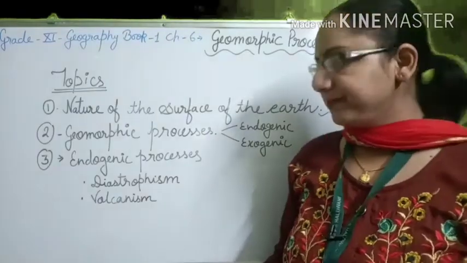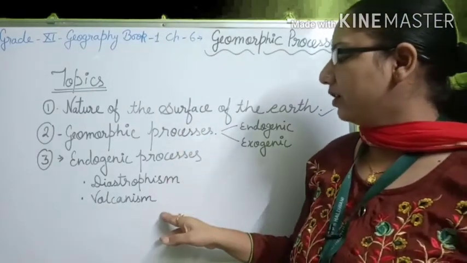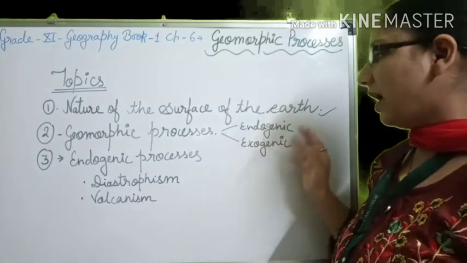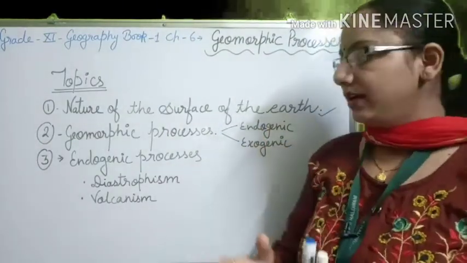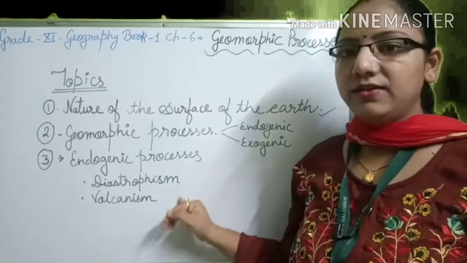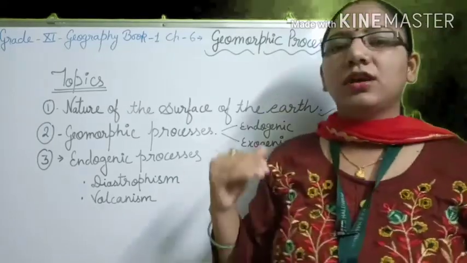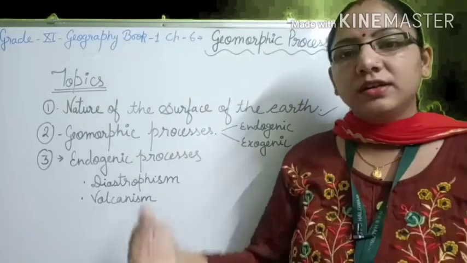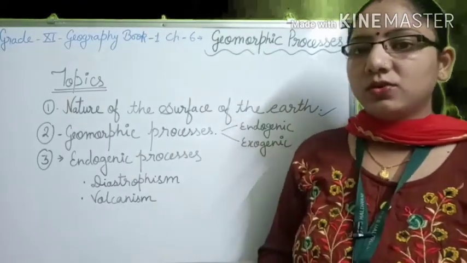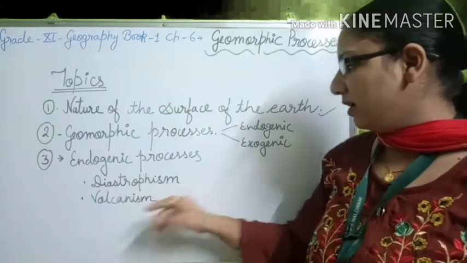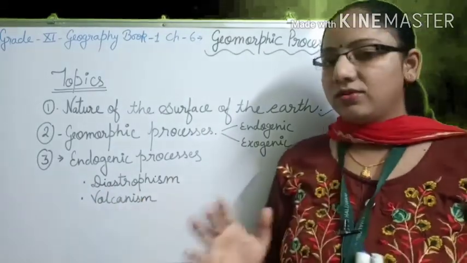Okay, then our third topic today will be the endogenic process. That means we will see what the endogenic process is and what things come under it. Students, actually the endogenic process is a process which occurs inside the earth, with many activities like diastrophism and volcanism.